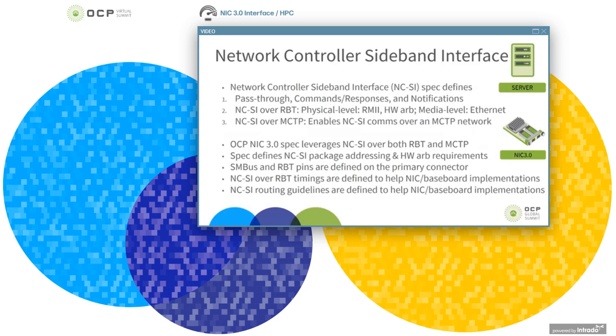Thank you, Patrick. So the Network Controller Sideband Interface is a long-established DMTF specification that defines three different communication paths between the NIC and the BMC. The first is pass-through data, which allows the NIC to be a pipe between the network interface and the BMC, allowing the BMC to appear on the network for normal network traffic.